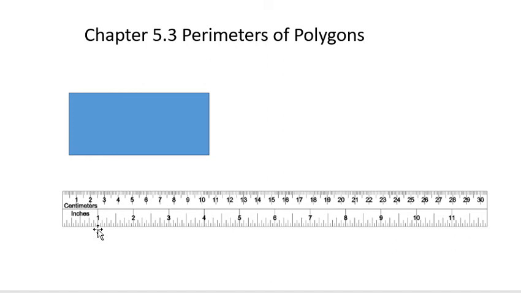So this distance from the 1 to the 2 and the 2 to the 3 and the 3 to the 4, that's 1 inch in between numbers. And because of the nature of inches, and I said they use fractions, this big line here is half an inch, and this is a quarter of an inch, and this is an eighth of an inch. And from this line to this small line here is a 16th of an inch.